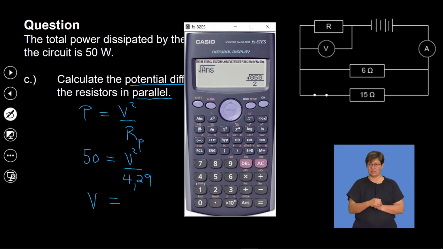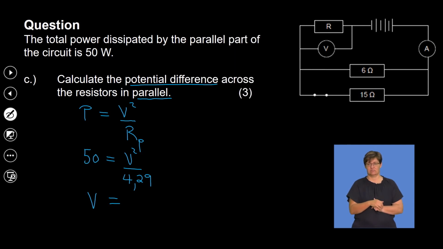So our voltage across the parallel combination of resistors is equal to 14,65 volts. We can think of this as V parallel because that's what the question wants from us.